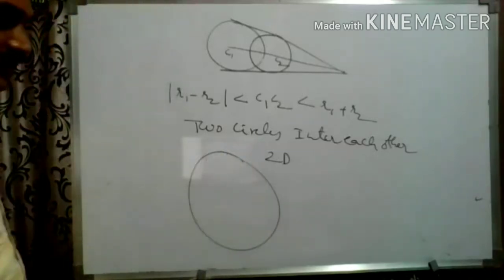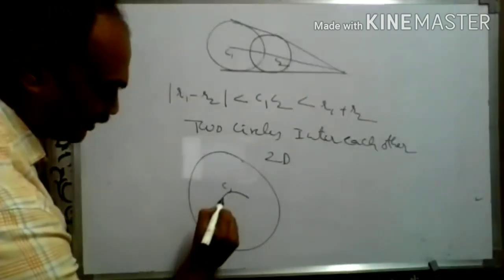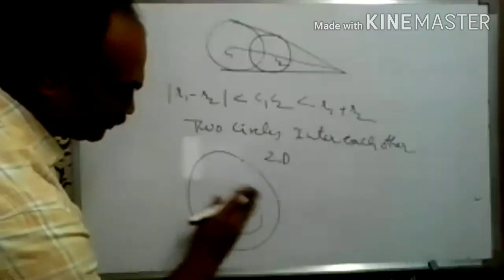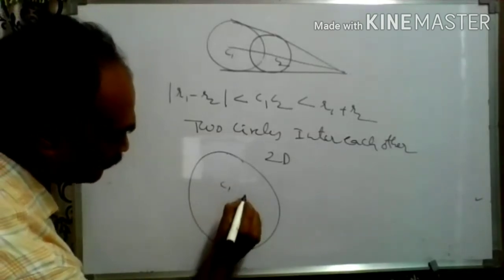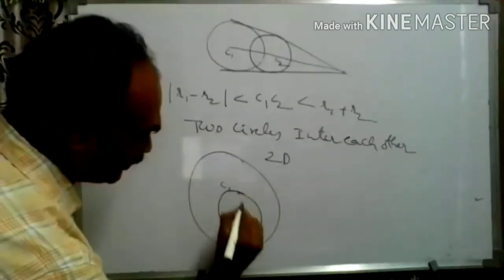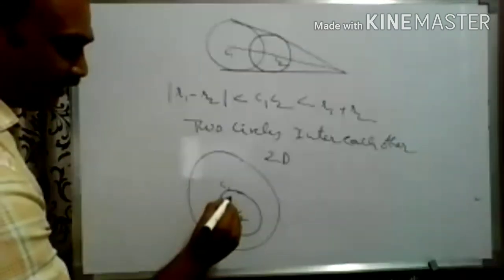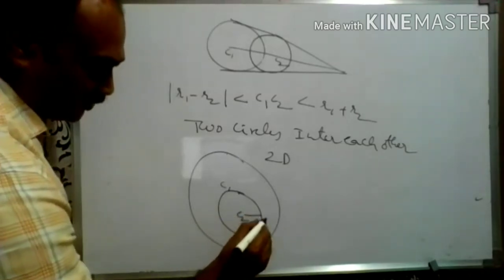This is first circle. This is second circle. This is C2. Students, here what is the condition? This is R2.